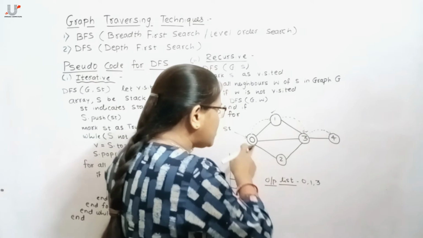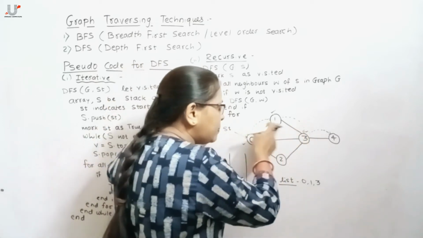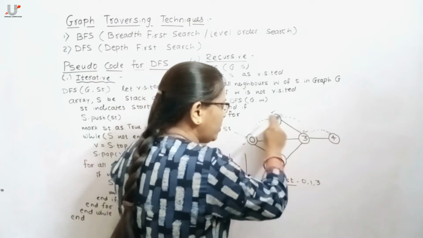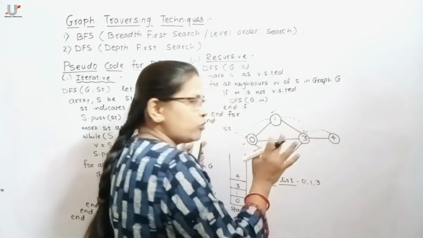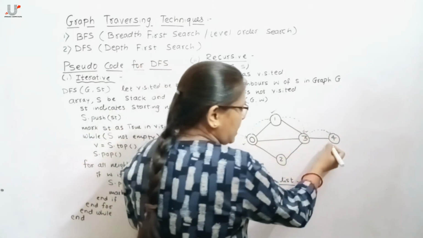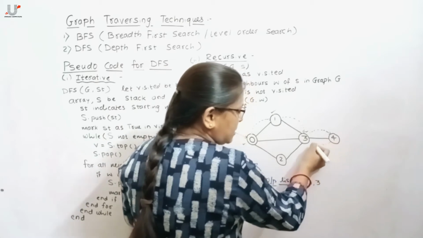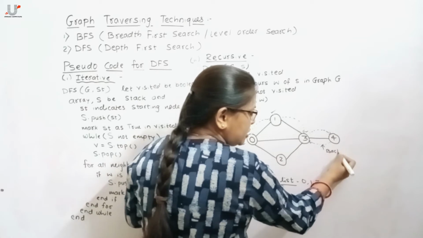As DFS says you go deeper, here from 0 we moved to 1, then to 3, then to 4. From that 4 no further node is available, so backtrack. Here we use the concept of backtracking. This is called a back edge.